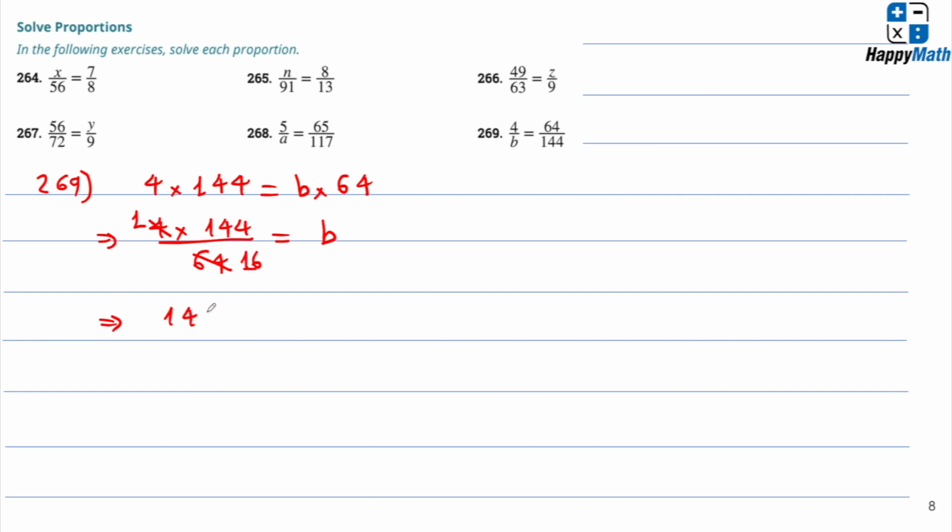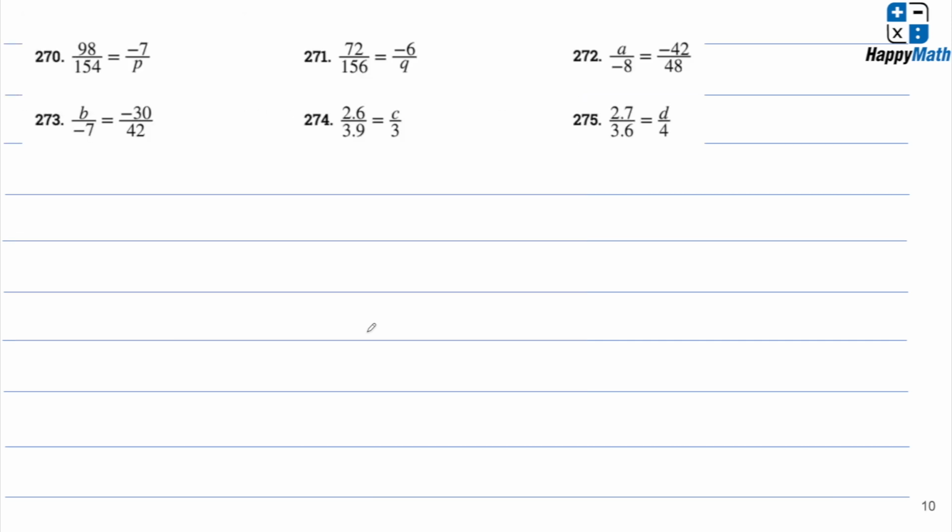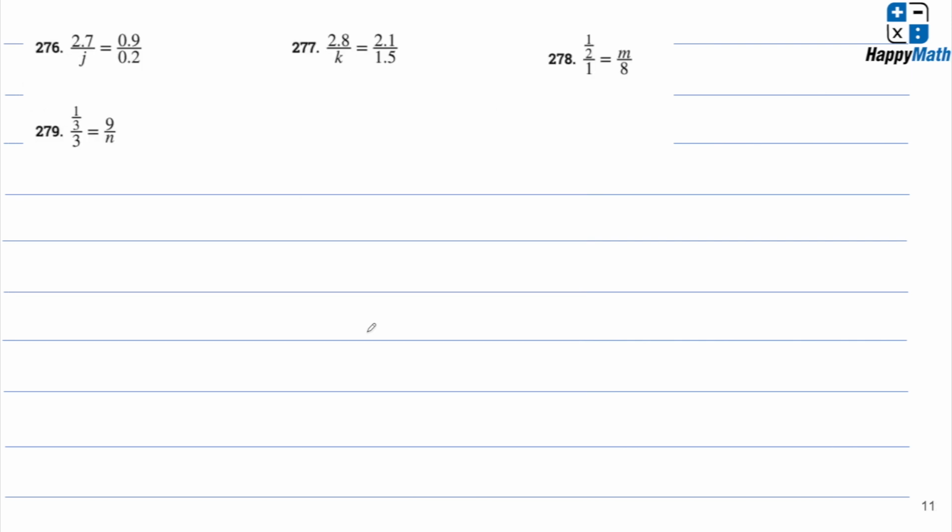And 144 divided by 16, is that possible? I think that is 8. No, let me check it again. Yes, 9. Okay, so b is also equal to 9. That is the way you can solve your working out for each question. Yes, so continue for this kind of question.